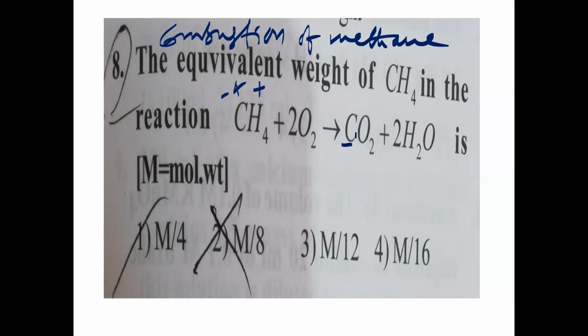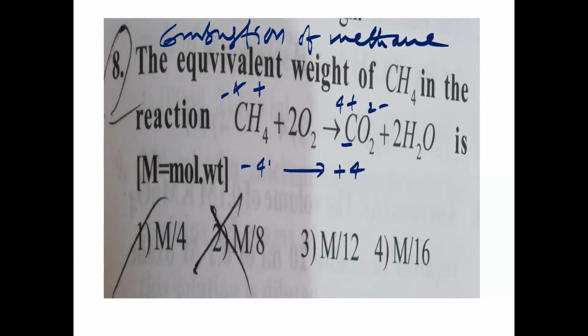Next here, carbon has what? Plus 4. Now oxygen, each oxygen is minus 2 we know already. Minus 2 into 2, minus 4. Then to balance minus 4 of oxygen, there should be plus 4 on carbon here. So minus 4 to plus 4, what happens now? How many electrons are involved here?